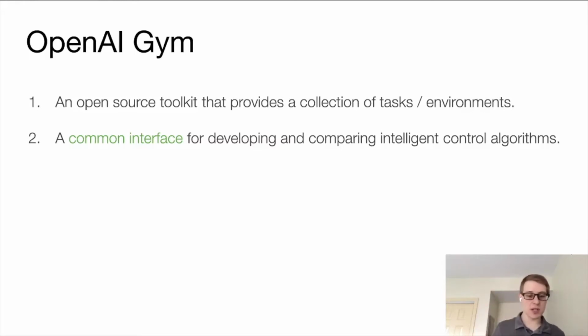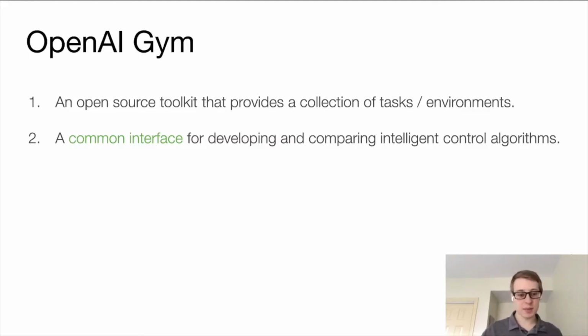Now, the other component of Assistive Gym is the OpenAI Gym interface. This is an open source toolkit that provides a collection of tasks and environments. But what we're most interested in with the OpenAI Gym interface is that it provides a unified interface for developing and comparing different control algorithms, as well as for controlling different agents or robots.